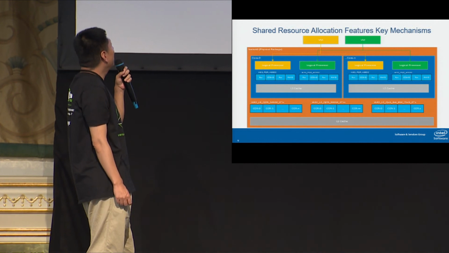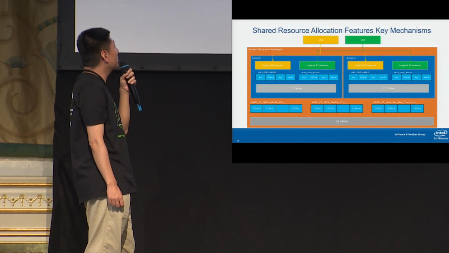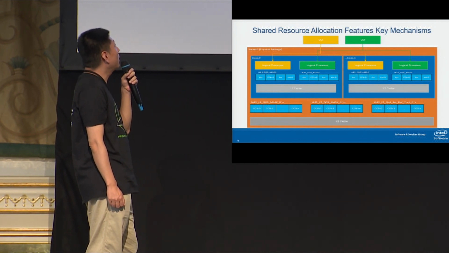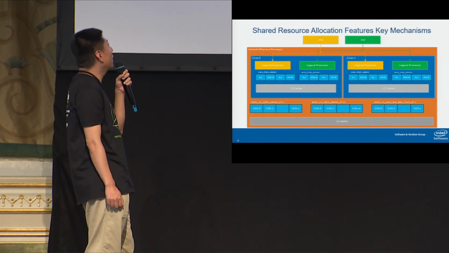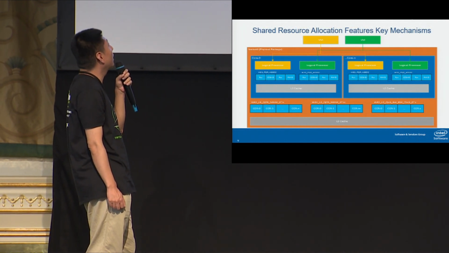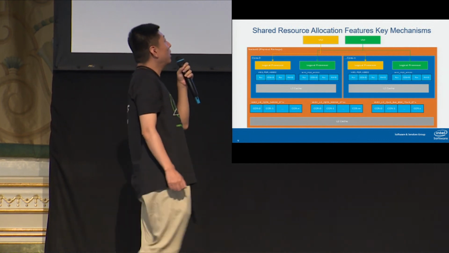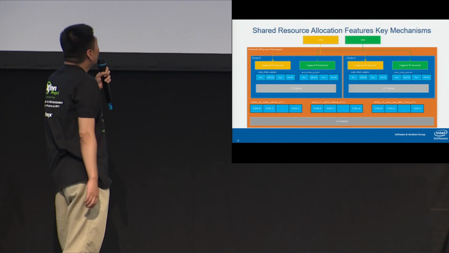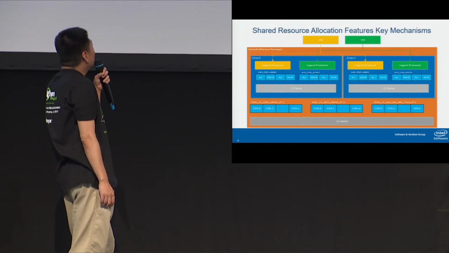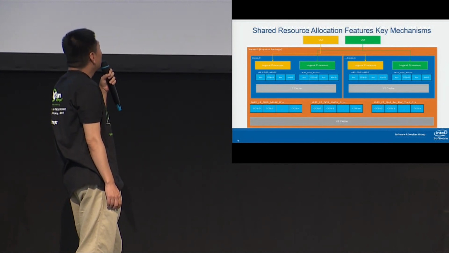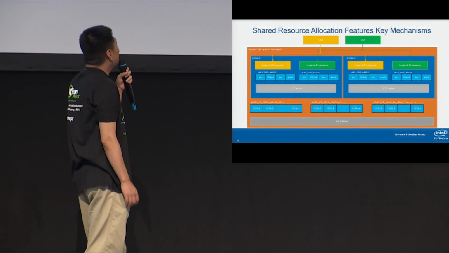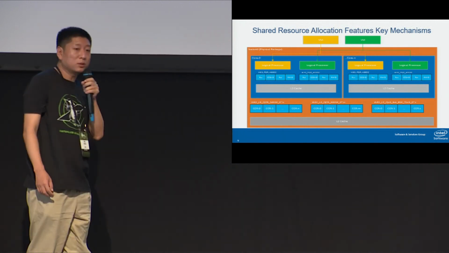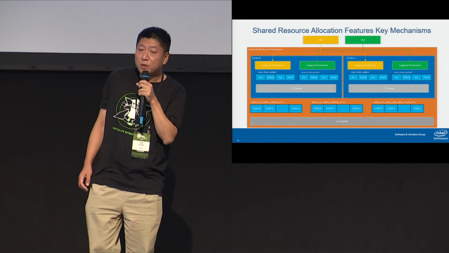Both of these MSRs are bitmaps, which means how much cache can be allocated to a specific application. And we also have the QoS throttling MSR. Each MSR corresponds to a QoS class ID, and its meaning is the percentage of memory bandwidth delay.